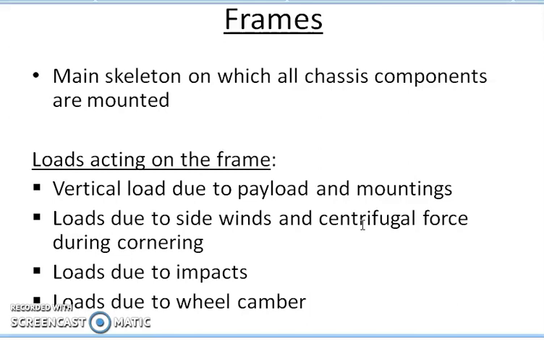And if the vehicle meets a sudden pothole or bump, the loads due to impact also act on the frame. And due to the wheel camber, some loads will act on the frame. So the frame is supposed to take all these loads.